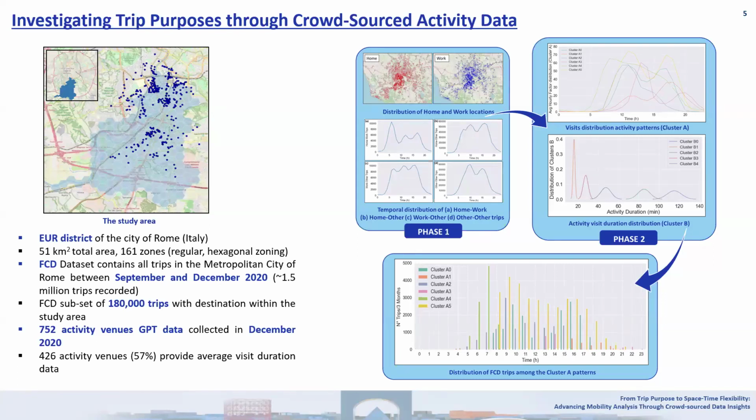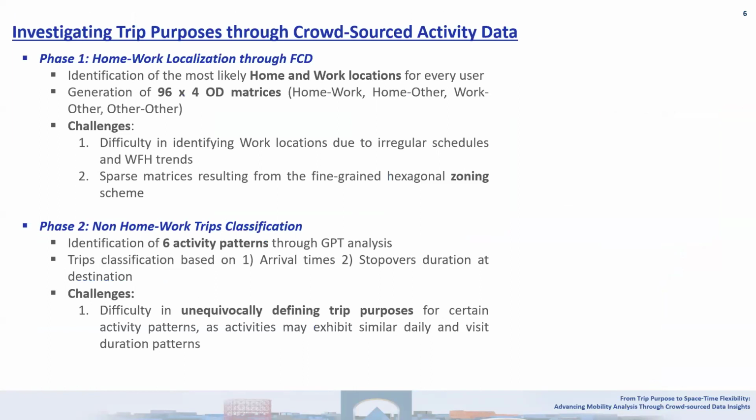This is another problem. So the first question that we started to solve is, how can we deal with an optimal traffic zoning system in order to not have all these empty spaces in our travel demand matrices? And the other question is, how can we solve this problem of univocally defining trip purposes?